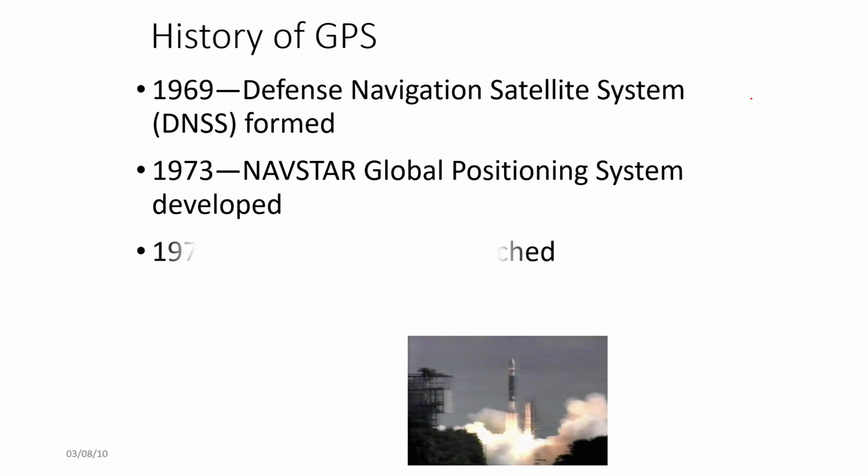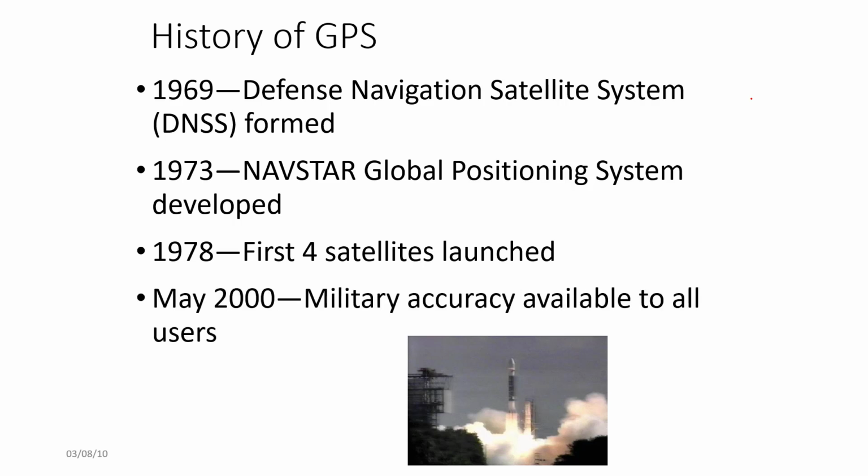In 1973, the Navstar system was developed. Then four satellites were launched. By around 2000, military level accuracy was available to all users. So this is when this GPS boom started, where a large number of applications and devices could use GPS signals to find their accurate locations.